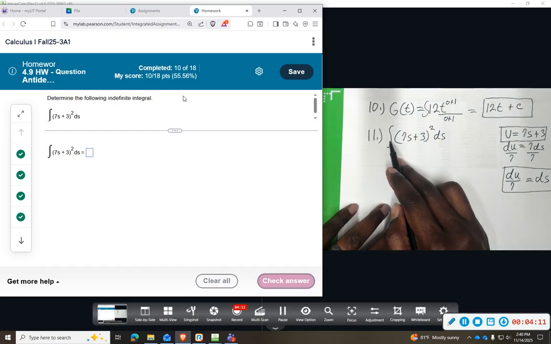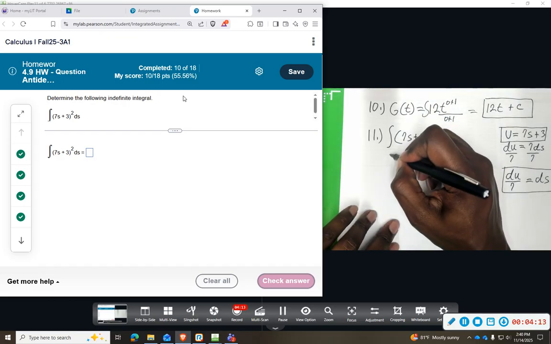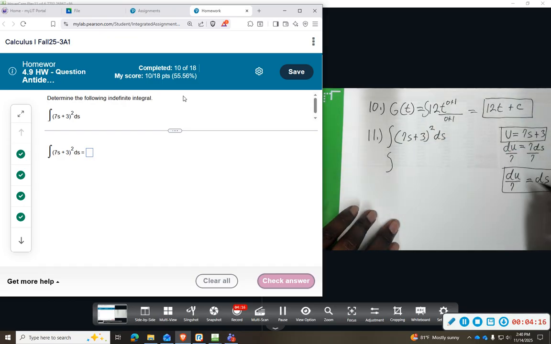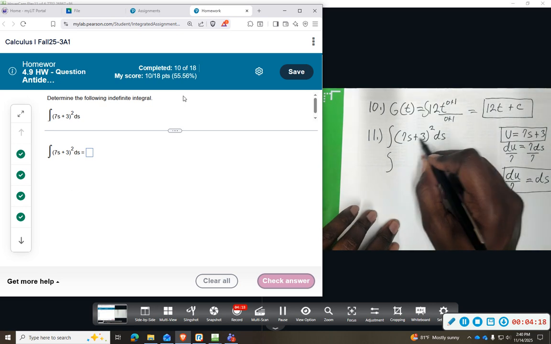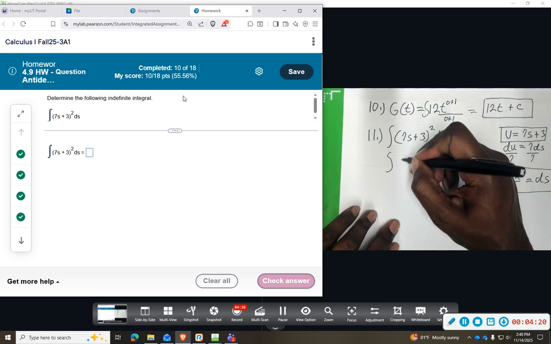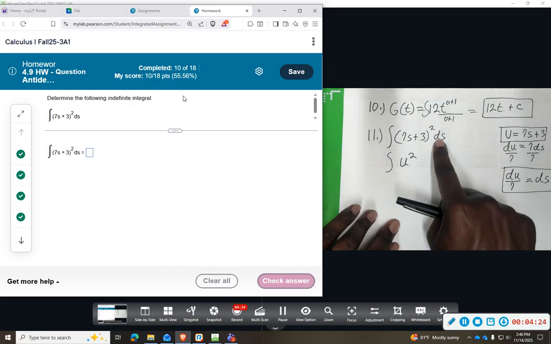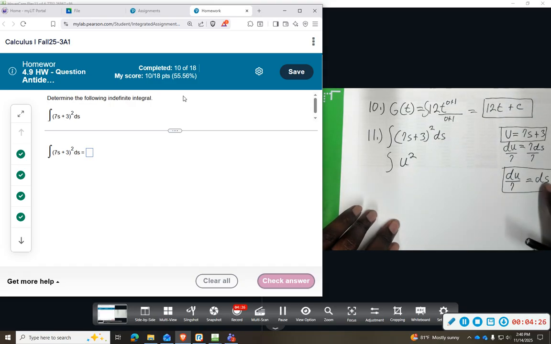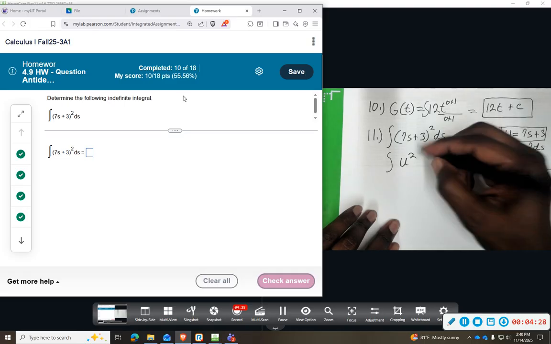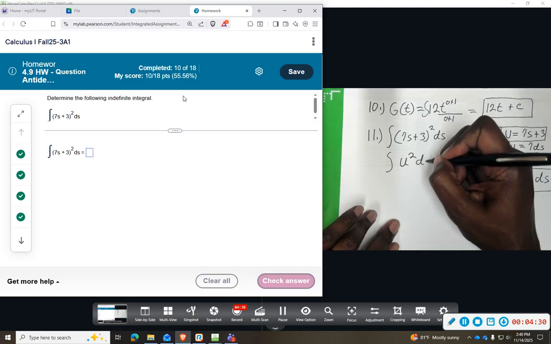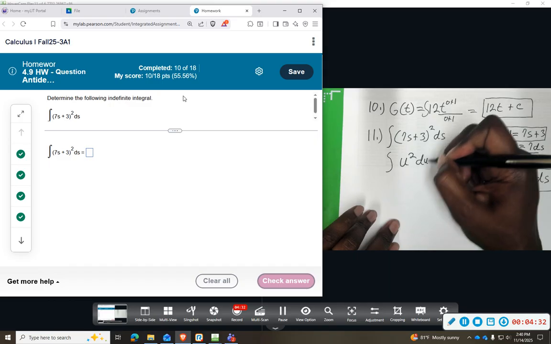Alright, so what that does is now it says you're taking the integral of, instead of 7s plus 3, this is all replaced with a u squared, and then in place of the ds, since I changed that, ds is equal to du divided by 7.